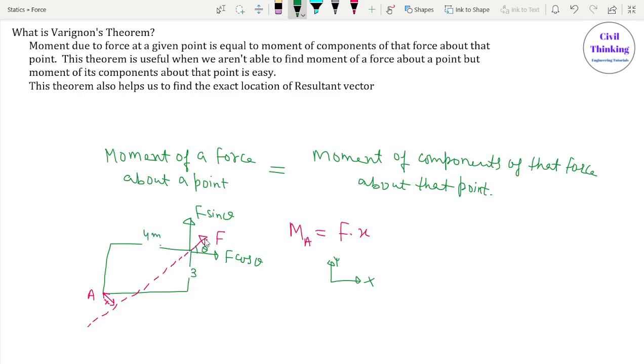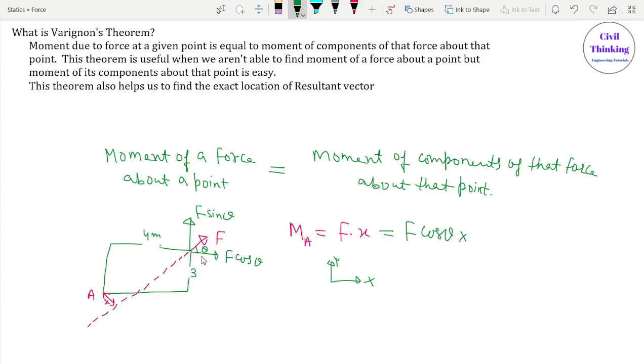Now we have to find the moment of force F about A, but we don't know X. So the moment of force F about A is the moment of components of force F, which are F cos theta and F sin theta, about A. Now it is F cos theta multiplied by, how far is F cos theta normally from A?